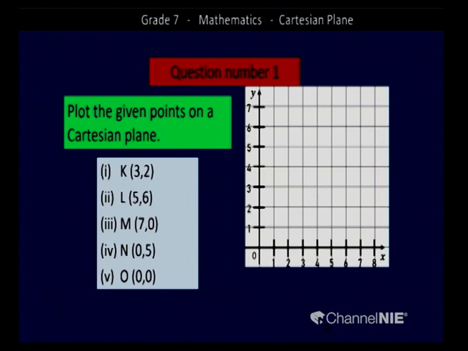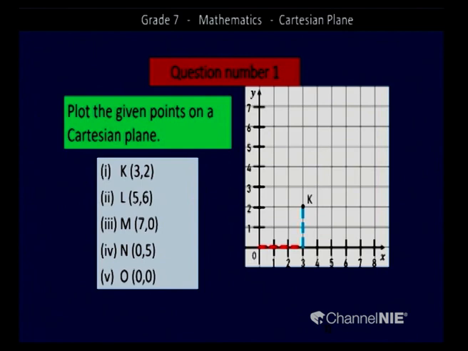So, you can plot it. You have to move 3 units towards the x axis, then 2 units towards the y axis. Then you can get the point where you need to mark. So, I have marked the point there and named it K. At the same time, check whether your answers are correct or not.